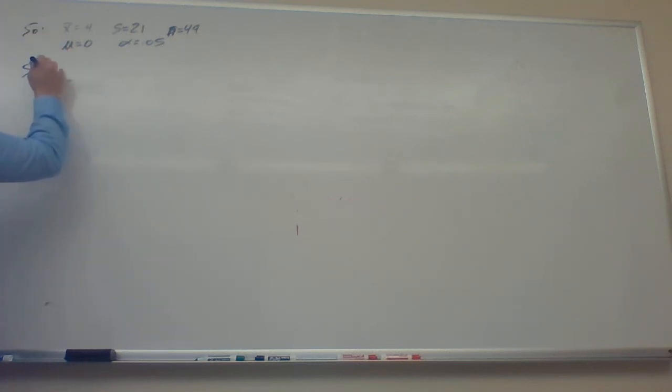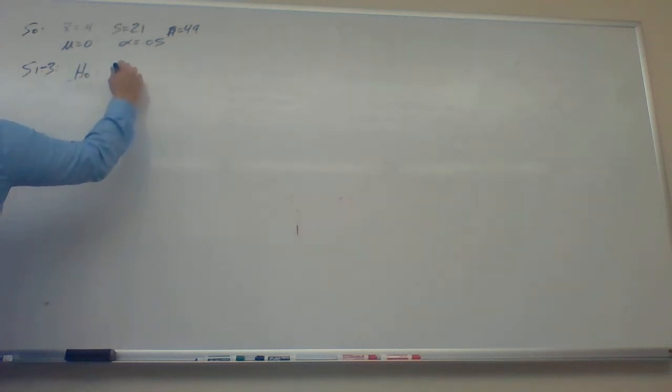Steps 1 through 3, state our hypotheses. So the null is that the mean is equal to 0. Again, don't think too hard.